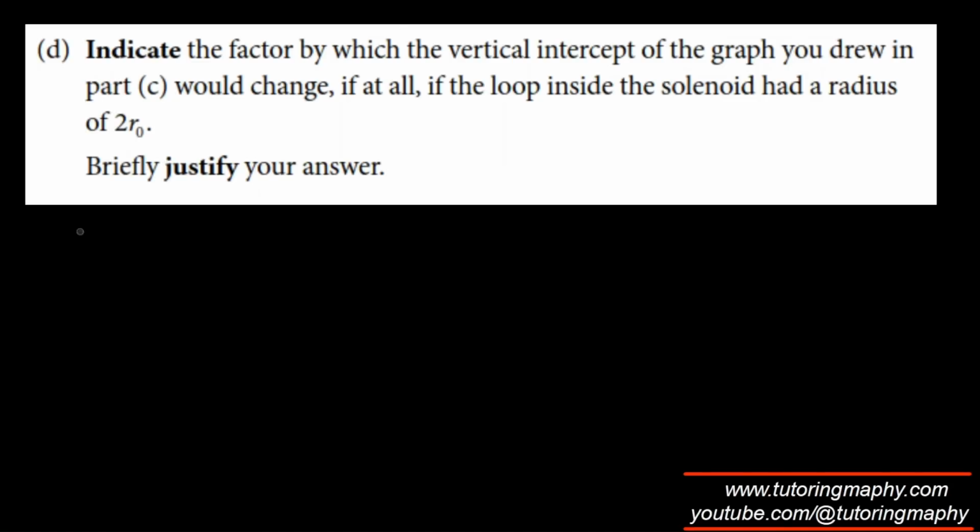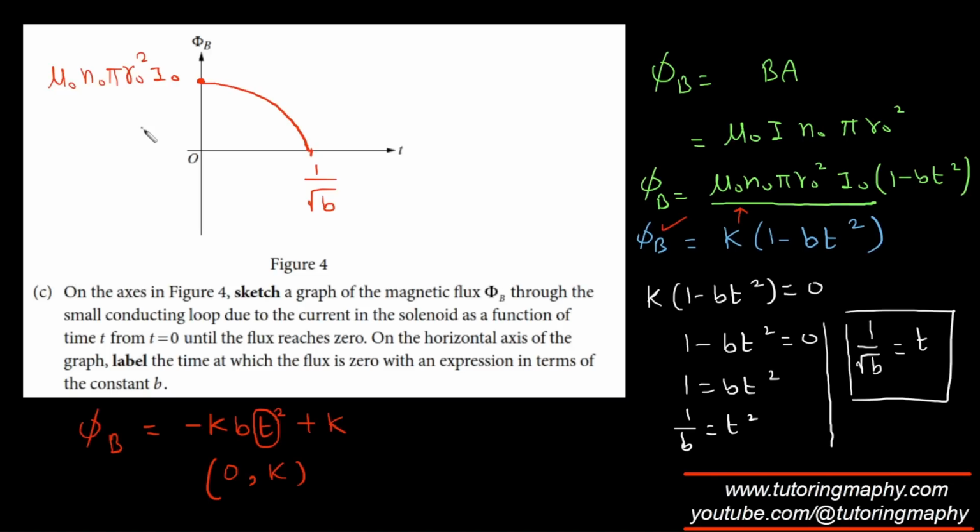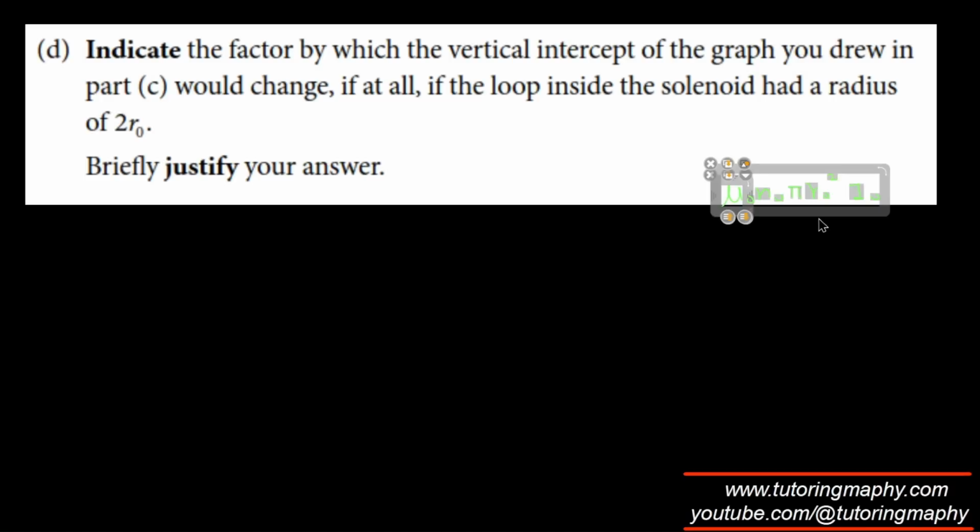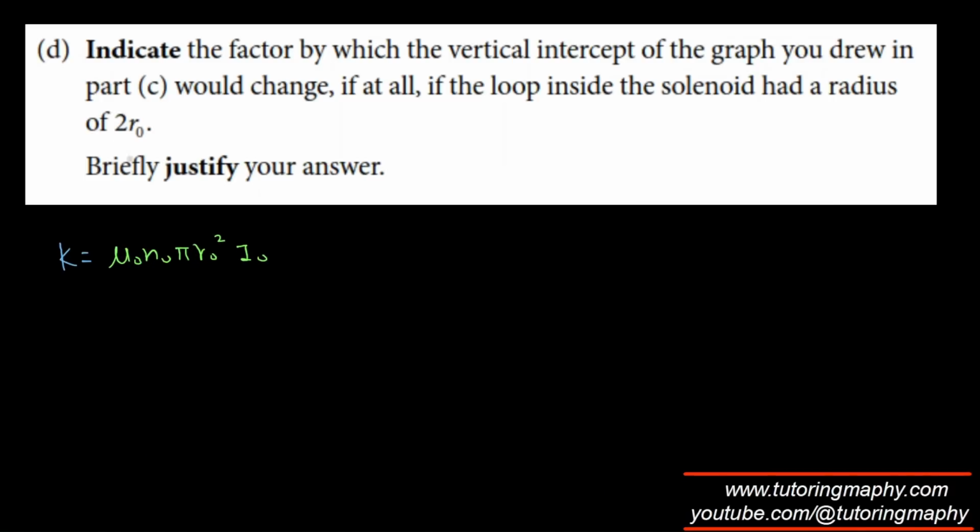Finally, indicate the factor by which the vertical intercept of the graph, meaning the y-intercept, you drew in part C would change, if at all, if the loop inside the solenoid has a radius of 2r0. Pretty straightforward. We already have k right over here, which is actually the y-intercept. So how will this change, which we have marked as k, if the radius r0 is now 2r0? Clearly, all the other things will not change.